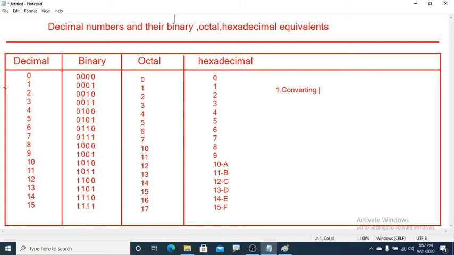So the first question is converting the decimal system to the binary number system.